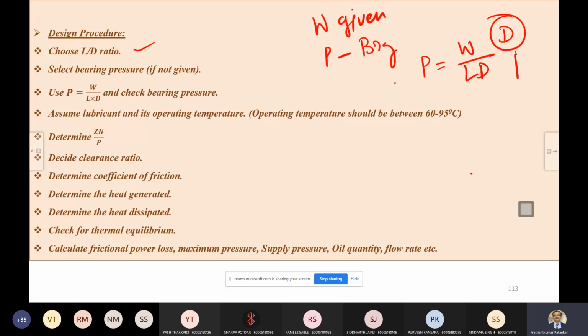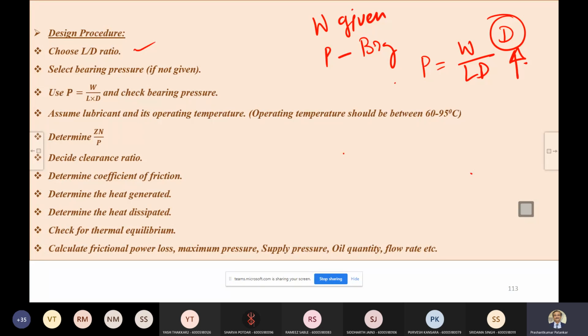After calculating this D value, you have to decide the tolerance value on that shaft and that bearing, and find out the actual dimensions of your shaft and your bearing. Now, why do we have to decide those dimensions?